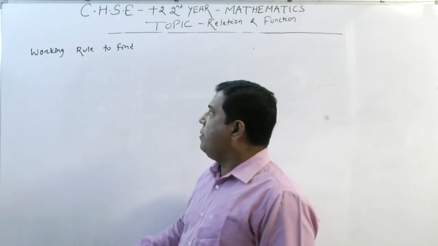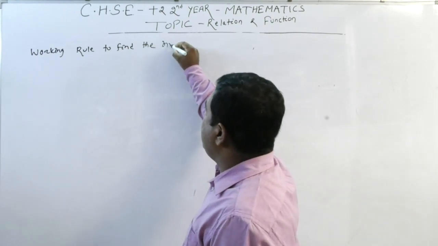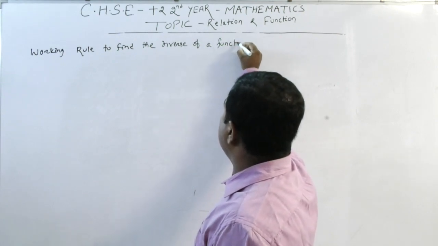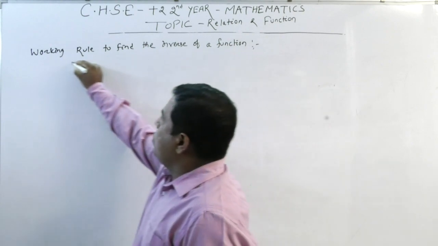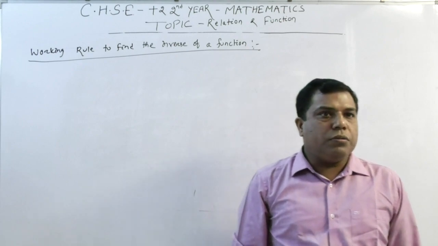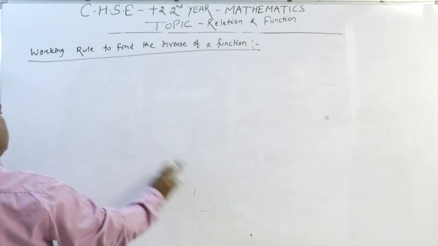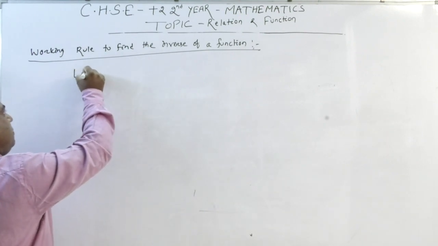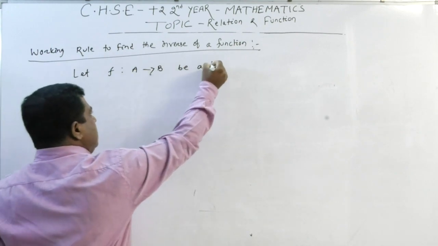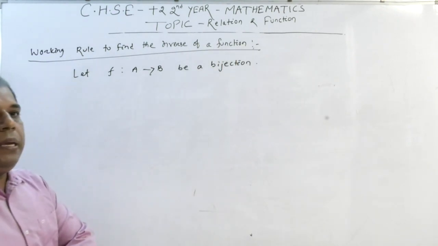Working rule to find the inverse of a function. So the rule we should adopt to find the inverse of a function says: let f from A to B be a bijection.